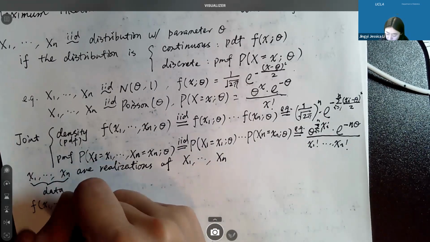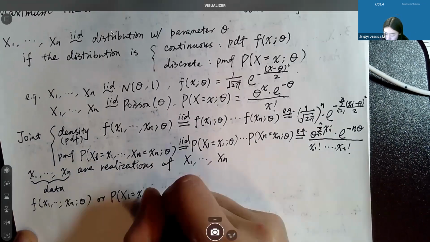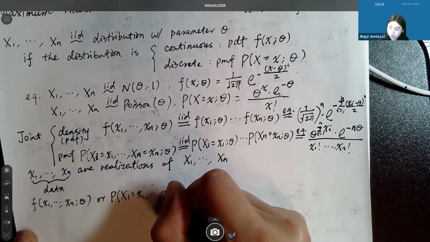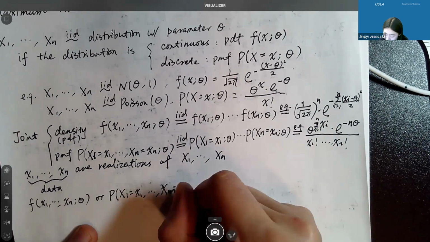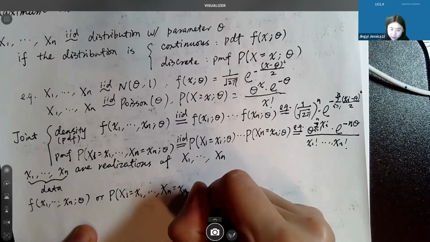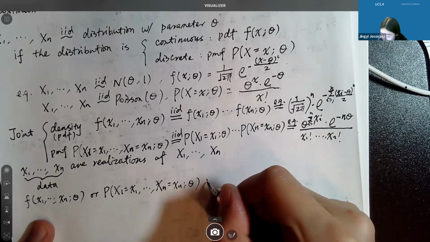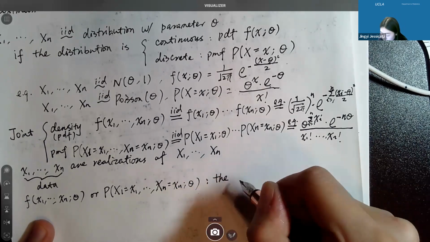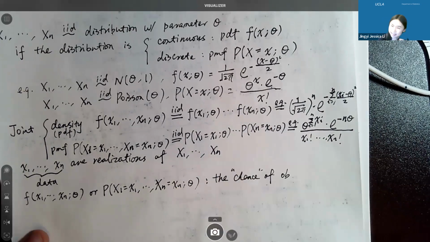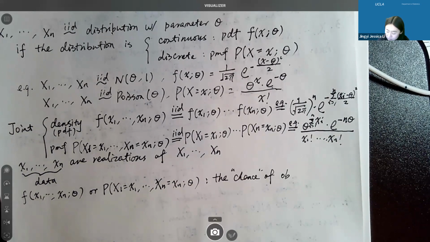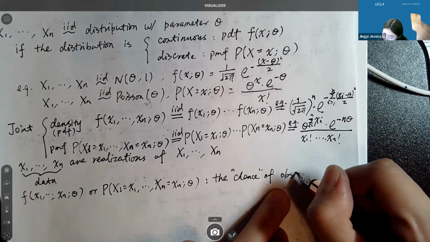So only one of them can exist, because we have the random sample either from a continuous distribution or a discrete distribution. Either one of them means the chance of observing the data. I should put chance in quotation marks because density is not exactly the chance, but you can sort of interpret it that way.